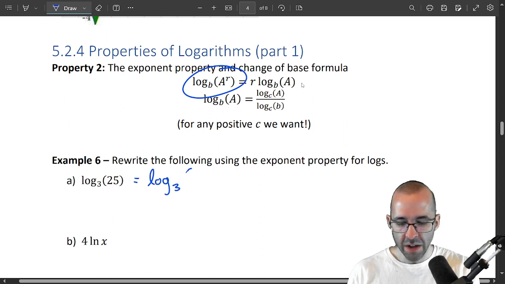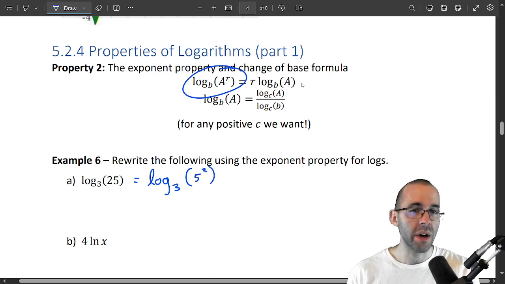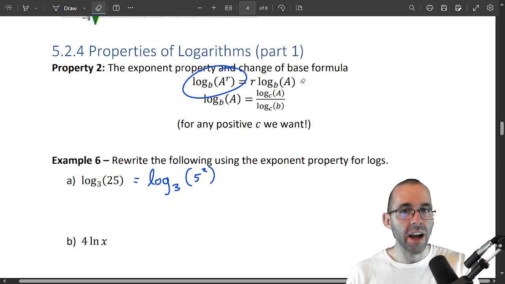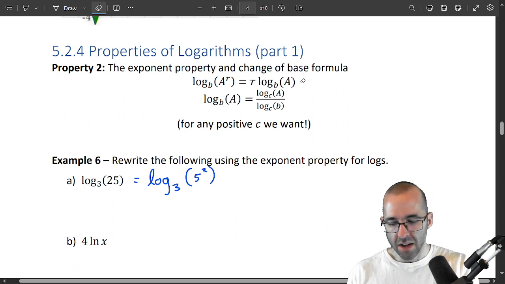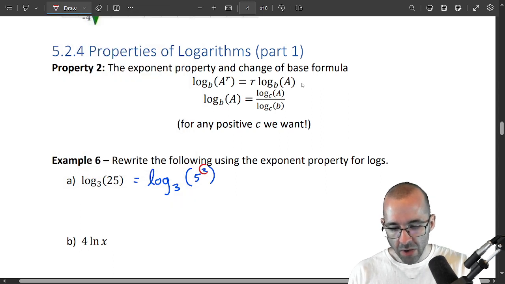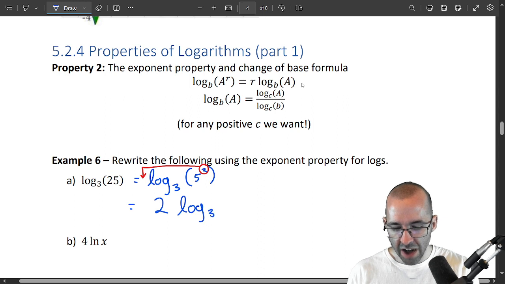Because we can rewrite 25 with an exponent. That's 5 squared. And now it looks like this exponent property. Exponent property says we can take our exponent inside of a logarithm and bring it out in front. So this is going to be 2 times log base 3 of 5.